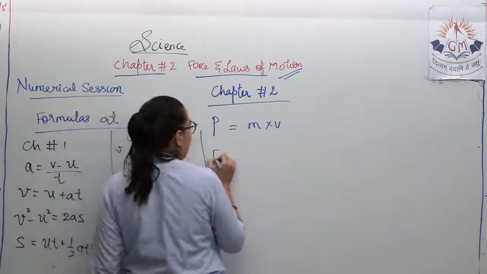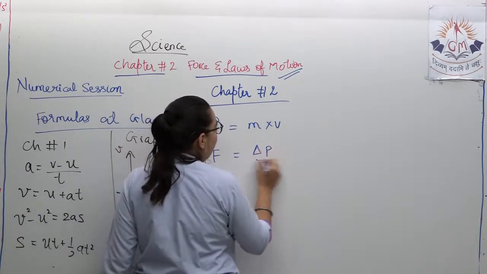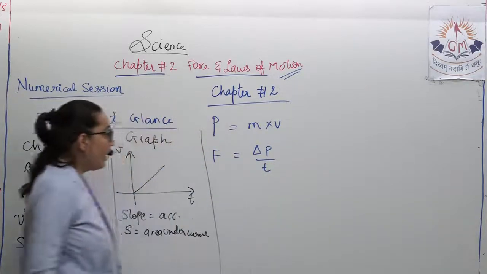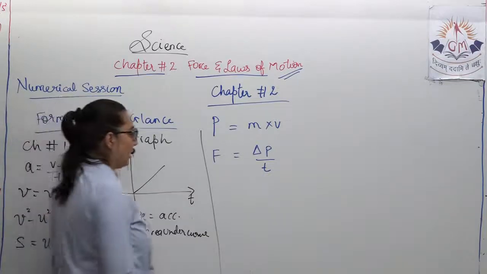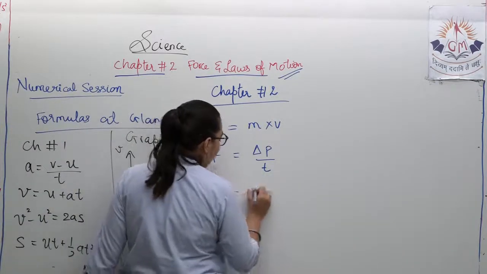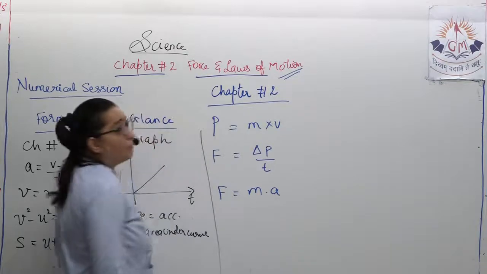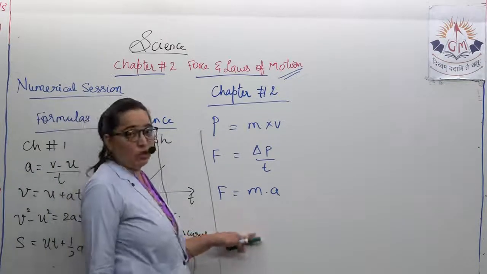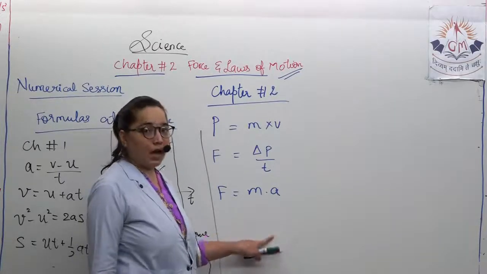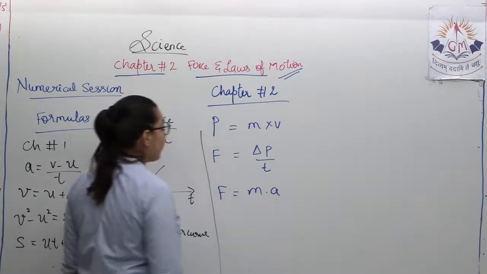After that, force is equal to the time rate of change in momentum. Next, force is also mass into acceleration. So force is equal to the product of mass and acceleration.